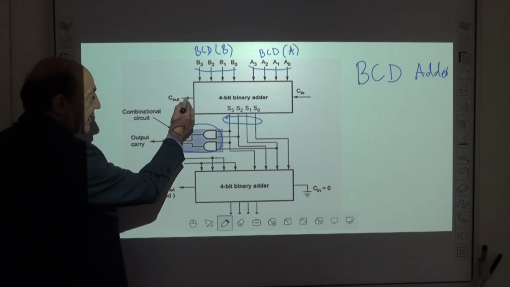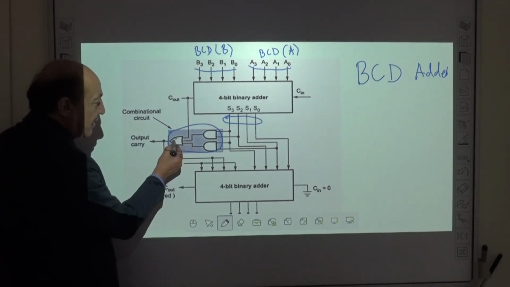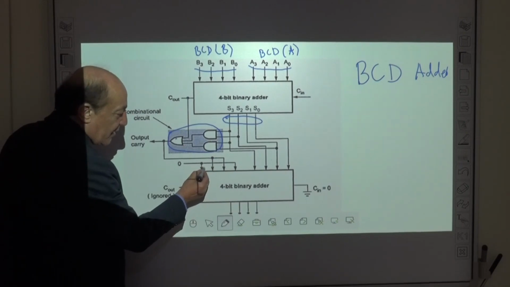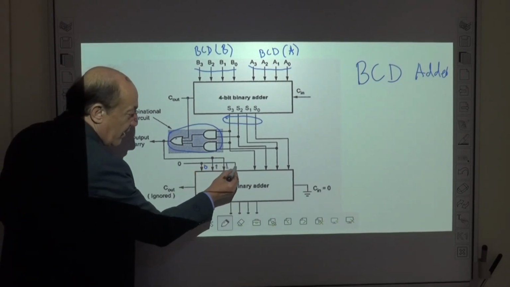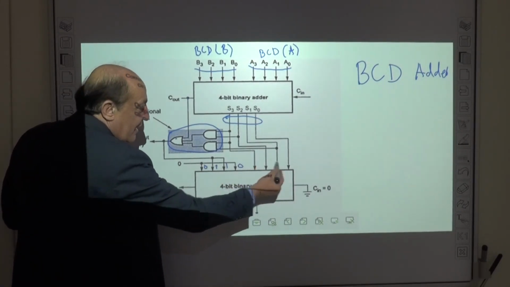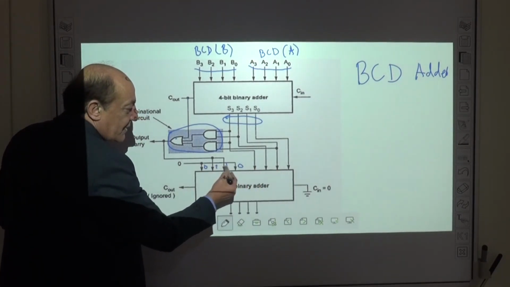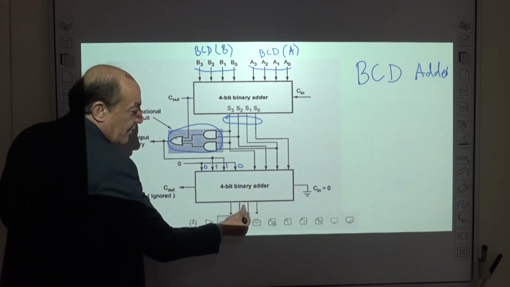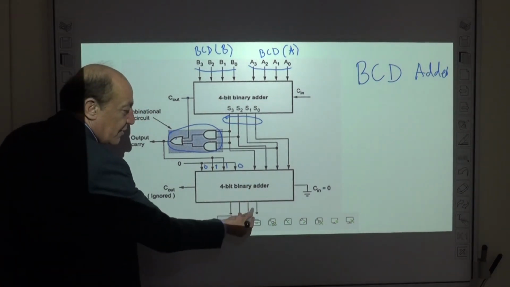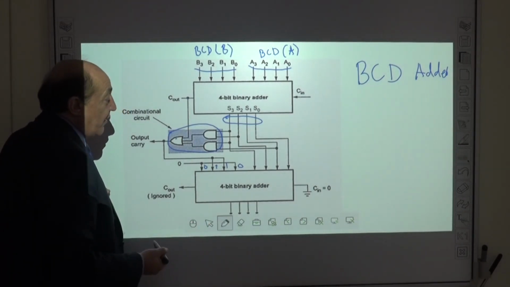However, if there is a carry from here, then this will be 1. 1 will be applied here, and 0, 1, 1, 0. So we add this value to the sum. This value is 6, meaning we are adjusting the result to obtain the final correct result.